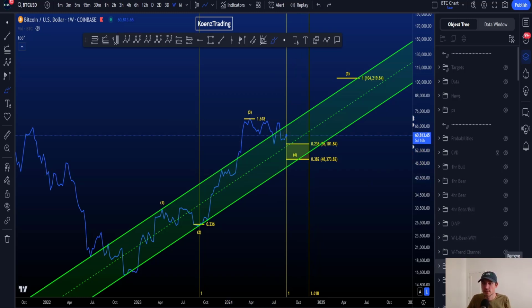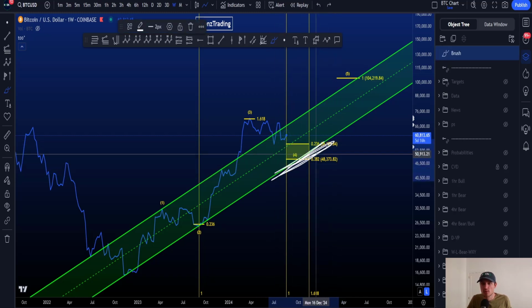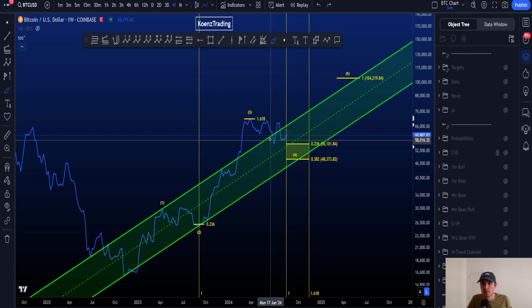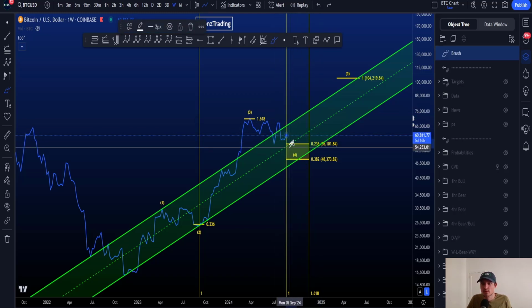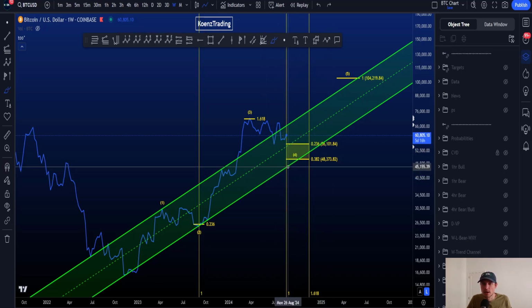What we don't like to see for wave 4 though is price to move to the lower trend line of this base channel. It's no problem to be in the upper half over here or touch the midline, maybe even slightly move below, but we don't like to hit the lower trend line. Something to keep in mind, lower trend line at the moment is sitting at 45k.